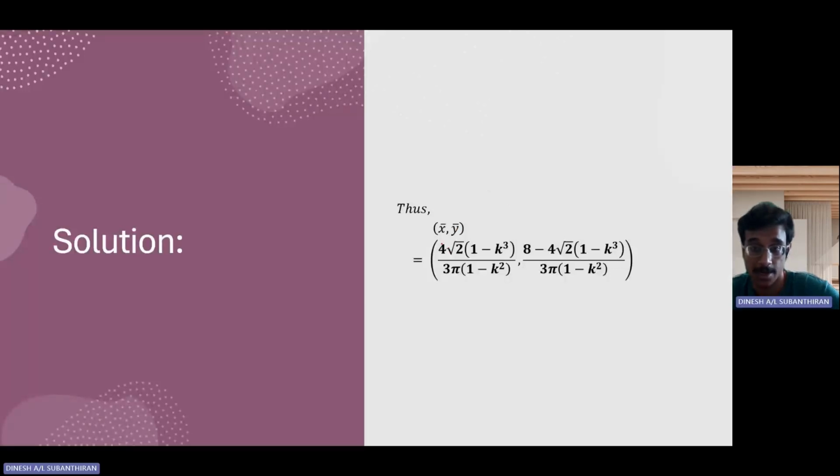Thus, the final answer will be 4 square root 2 in brackets 1 minus k cubed over 3 pi in brackets 1 minus k squared, comma 8 minus 4 square root 2 in brackets 1 minus k cubed over 3 pi in brackets 1 minus k squared. So this is the final answer for the question of the second Roman.